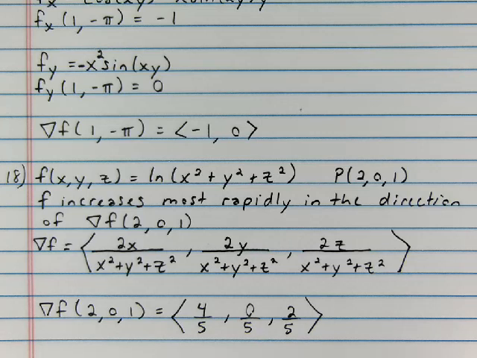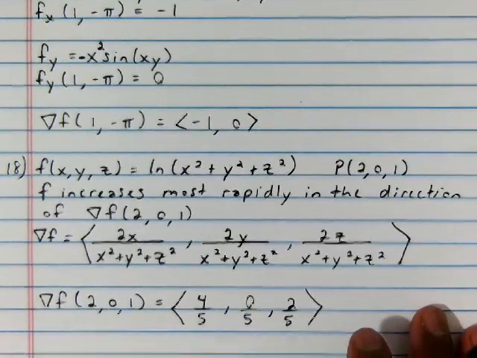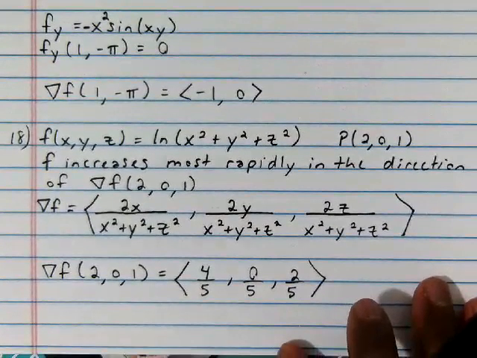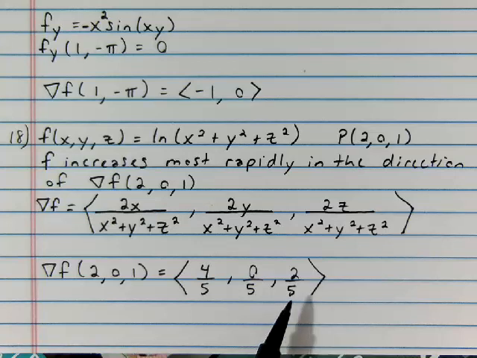Now they also asked for the maximal directional derivative at that point. So the maximal directional derivative at that point is just asking us to take the magnitude of this vector that we have.